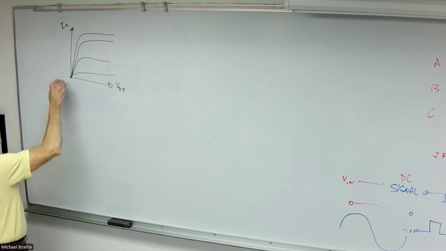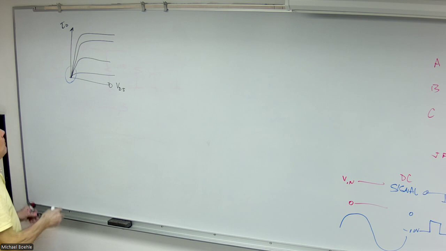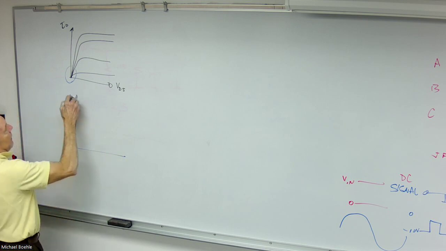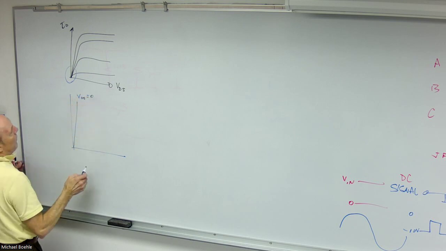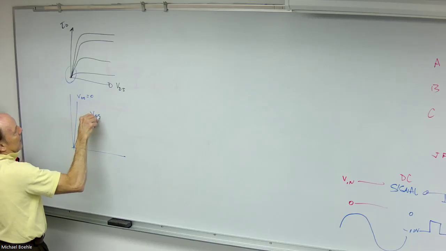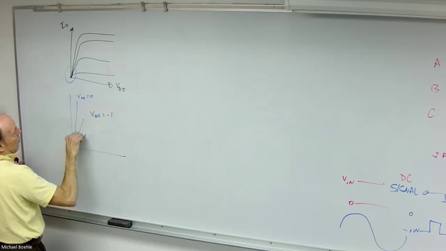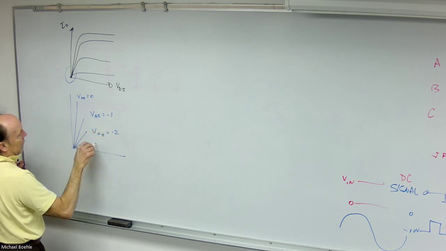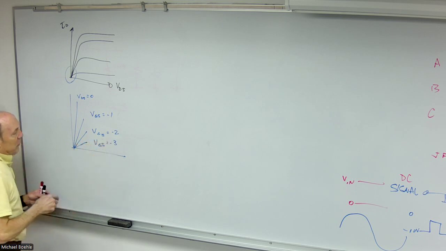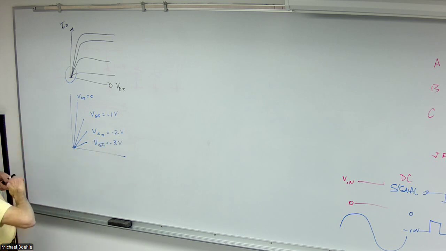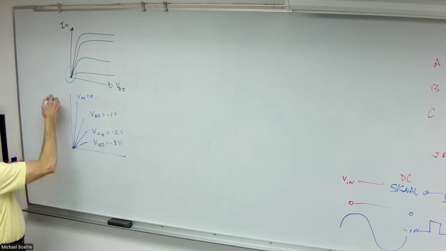Well, if we focus in on this part right there, what we find is that's your gate source voltage at 0. But if I do a gate source voltage of -1, or gate source voltage of -2, or gate source voltage of -3, just to give you some examples here, all of these originate at 0.